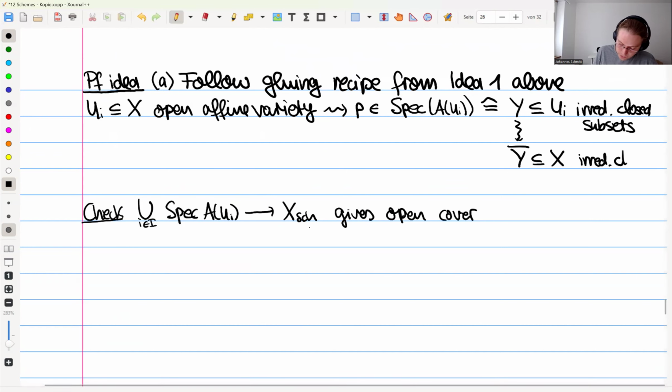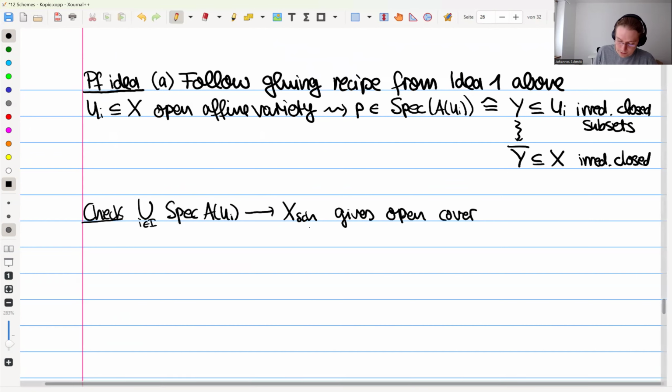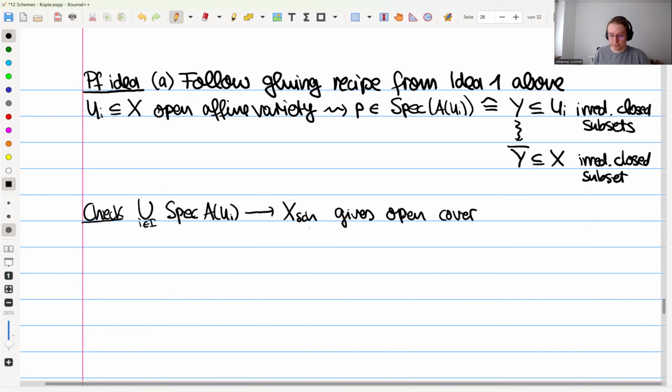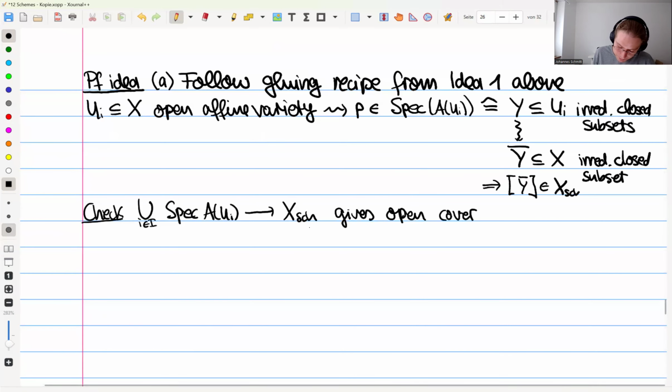So we get an irreducible closed subset of X. And from this, its class is an element of this X scheme. Right? And so this means we start with a point in this spectrum, we get a point in X scheme. So this defines this map on the level of sets.